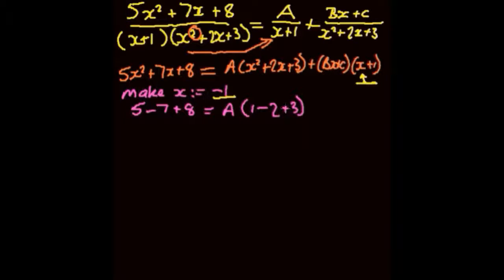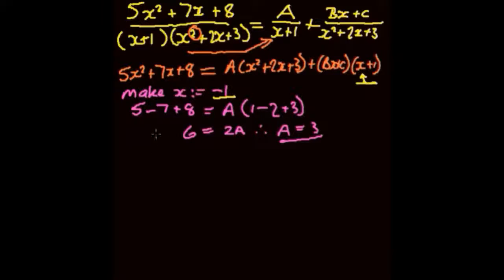Now that I've got to this point, my a should be fairly simple. The left hand side is going to be 6, and the right hand side is going to be 2a. Therefore, a is going to equal 3. Good. So we're well on our way now.